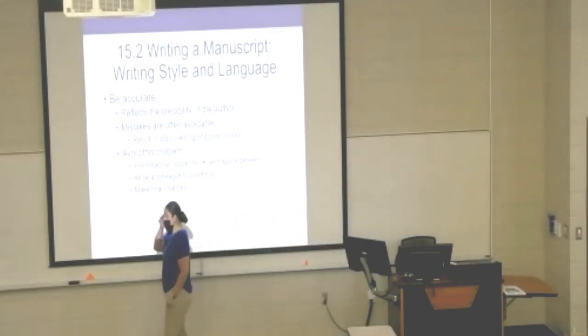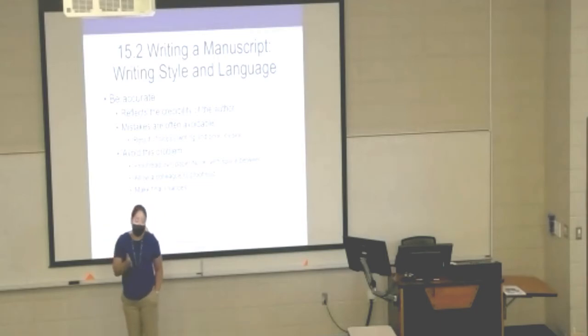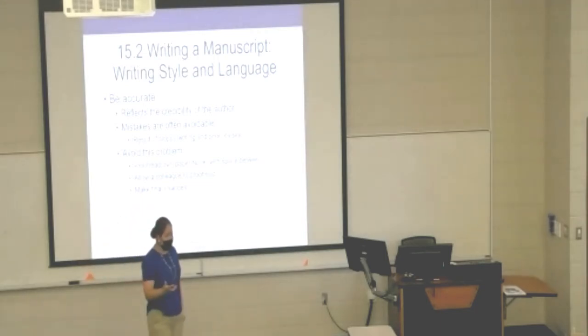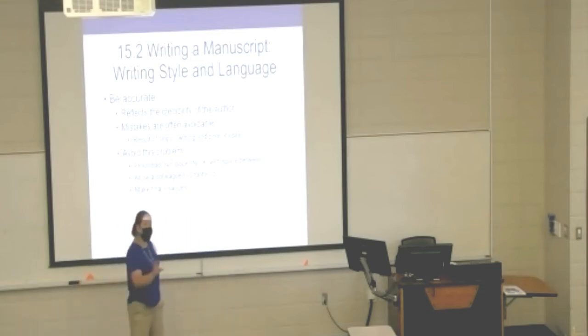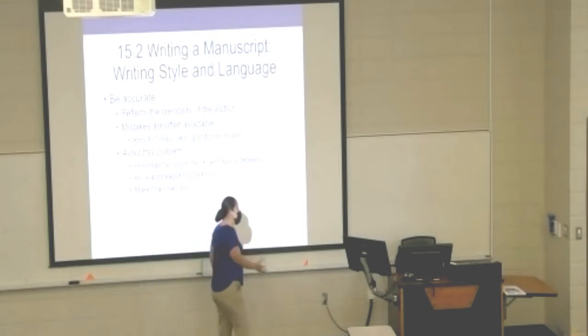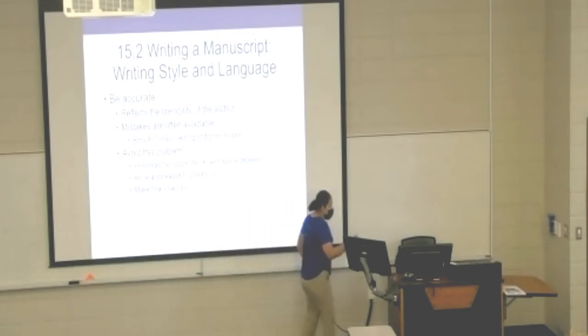If I start saying, well, the correct term is mental retardation instead of learning disability, how credible am I as a source? You can start questioning that author's ability, right? That credibility. How credible is that person of conducting and saying such a claim?